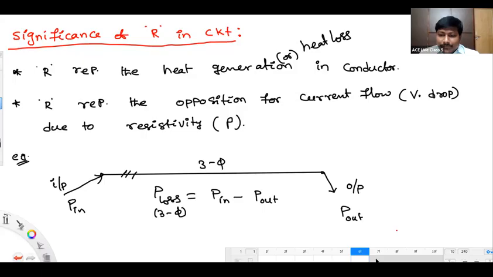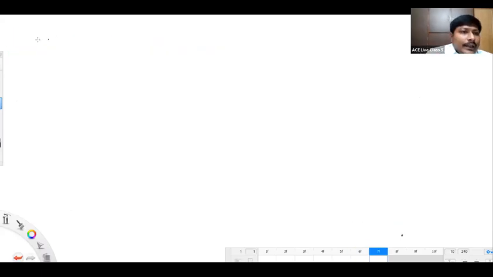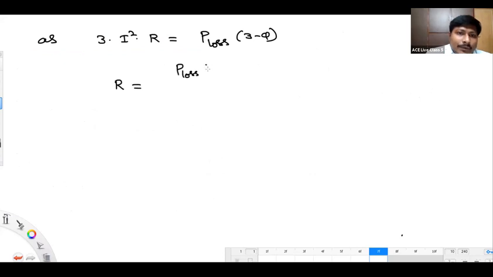So as we know, 3 into I square R is nothing but three-phase power loss. So resistance is nothing but three-phase power loss value by 3 times of current square.